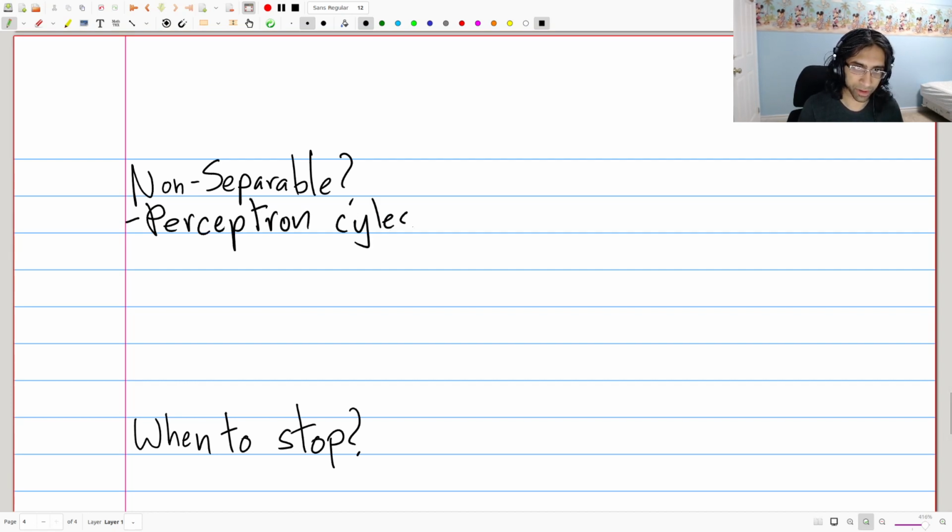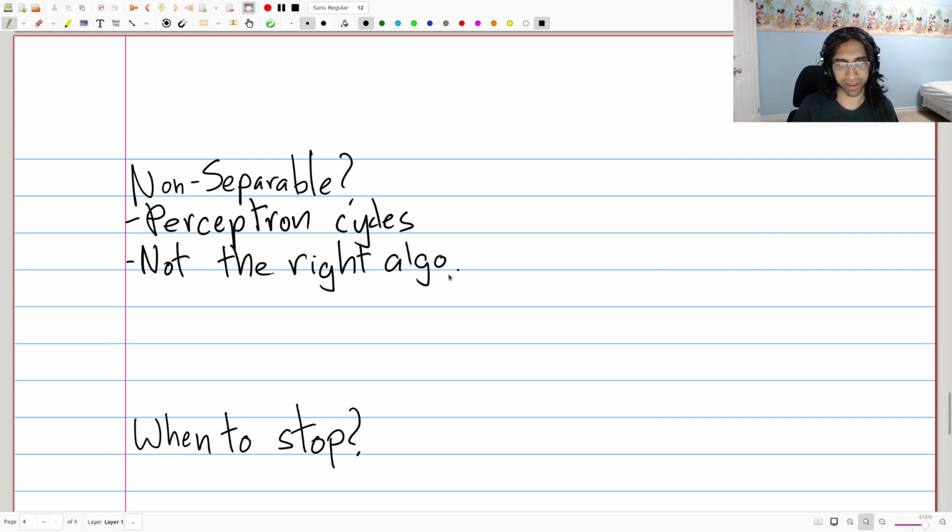And in general, Perceptron is not the right algorithm to use here. This is a very important thing to take note of. Whenever you're using a machine learning algorithm, there are assumptions you make about your data and what your data generating process is.